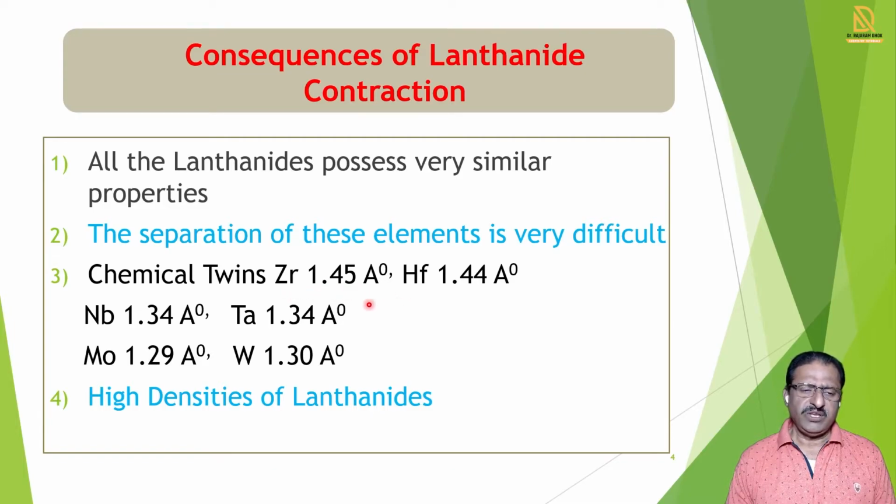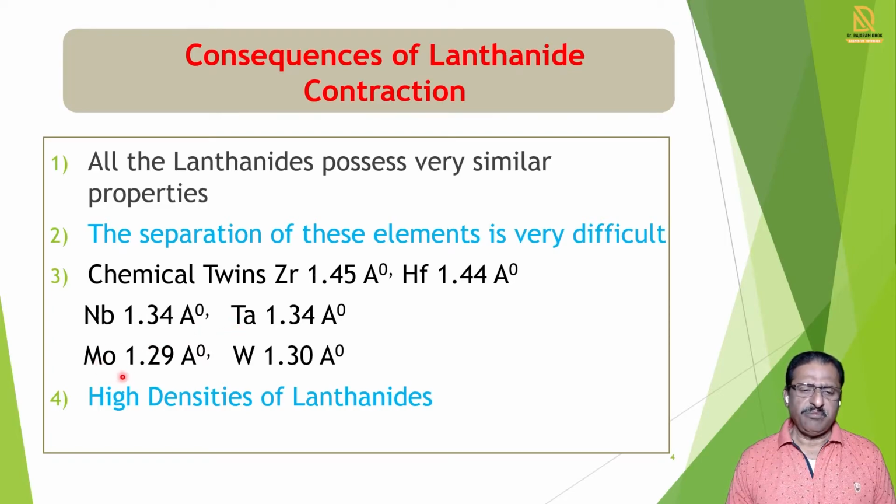Then the second twin is Nb, niobium, 1.34 Angstrom, and Ta, tantalum, 1.34 Angstrom. So both have the same atomic radius, and these are also a twin.